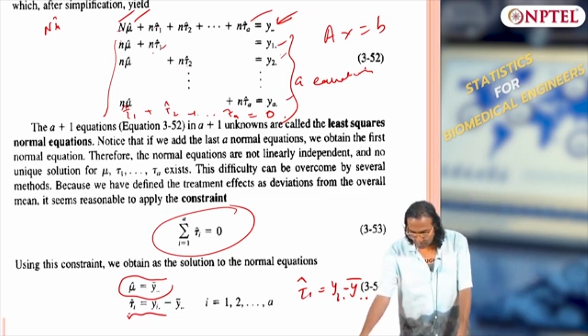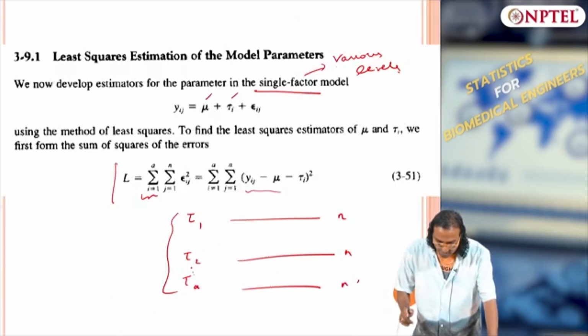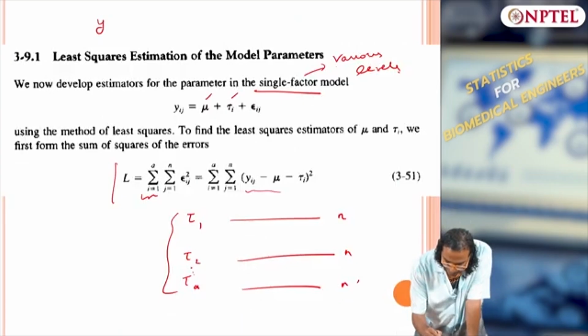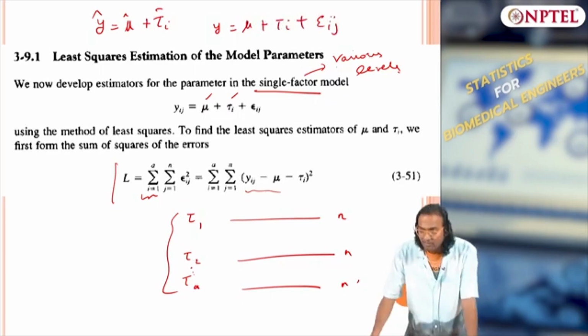Remember, what are we trying to solve in least squares? Let us take a simple viewpoint. Let us say I have y equals mx, or in this case this is nothing but mu plus tau I, y hat equals mu plus tau I hat, y equals mu plus tau I plus epsilon ij, right.